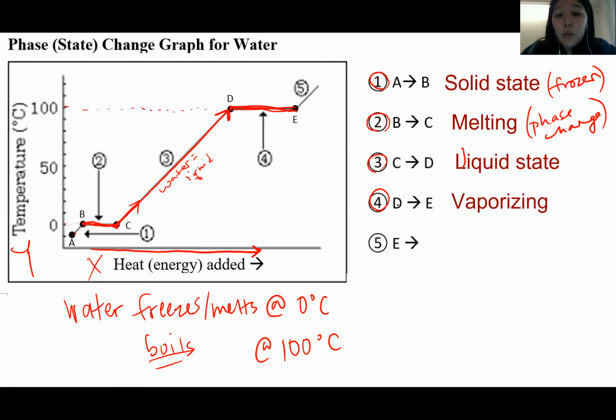So from point D to E, this is our vaporization. Okay. And now lastly, number 5, at point E, the temperature starts to increase rapidly. At that point, water basically is all boiled off and the liquid form of water has changed into the gas state. All right. So this is how you read a phase change graph for water.